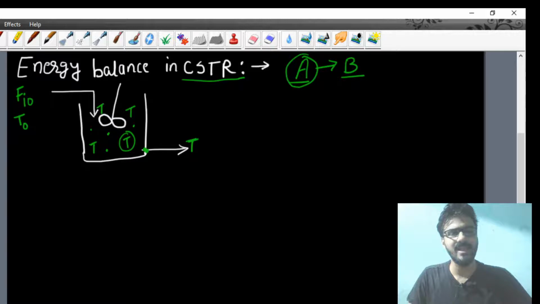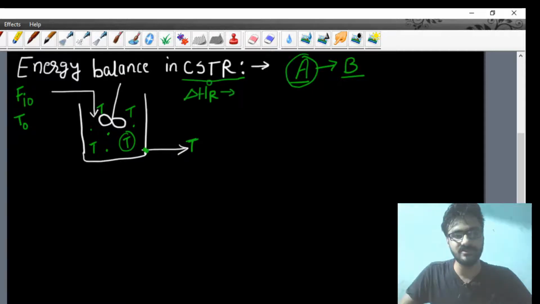Second thing is that delta H naught of R is equal to the enthalpy of reaction. Try to understand one thing, my dear students. These are the basic things you have already studied in class 12th, but let's see how we define the enthalpy of reaction.